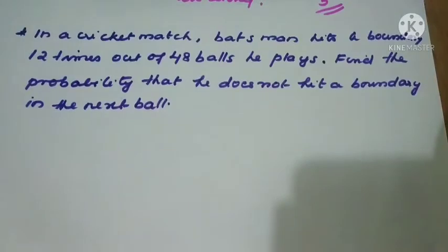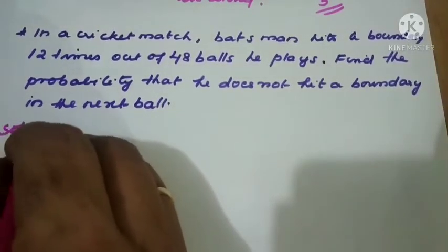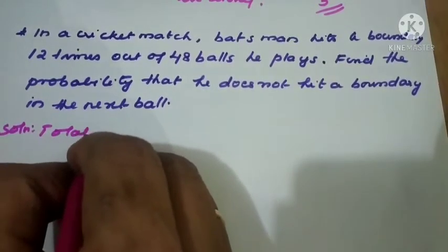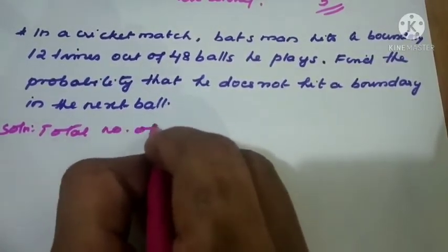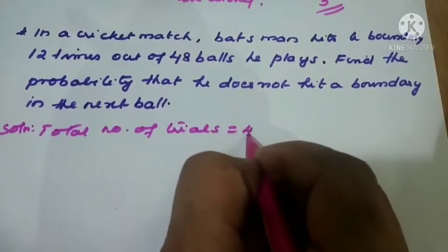In a cricket match, a batsman hits the boundary 12 times out of 48 balls he plays. Find the probability that he does not hit a boundary in the next ball. So let us see, when he hits a boundary, how many are favoring: 12, out of 48 balls. So we know that total number of trials equal to 48.